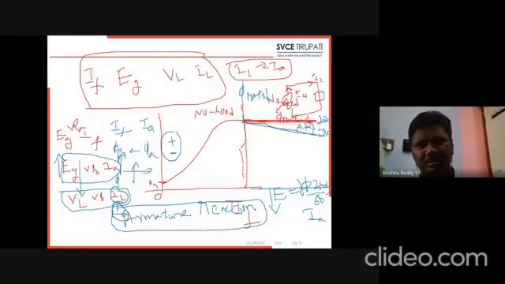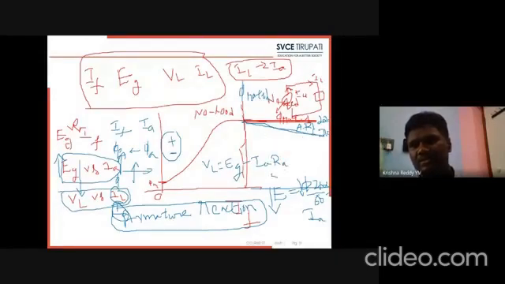Here we get the load terminal voltage VL by subtracting the armature resistance drop from the induced voltage: VL equals Ea minus Ia Ra. Here the Ia Ra drop, initially at 210 volts, say this drop is 5 volts. 210 minus 5 volts gives 205 volts.